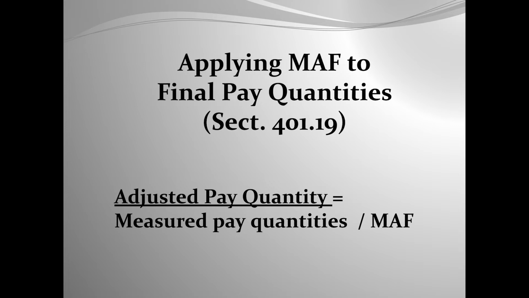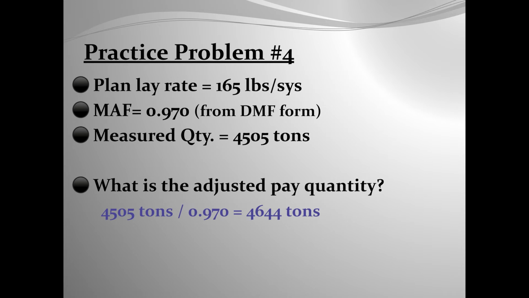So we're going to move forward with applying our MAF to our final pay quantities. Your adjusted pay quantity is going to be your measured pay quantity divided by your MAF. So again, if your mix is going further or maybe not going quite far enough, INDOT adjusts your pay accordingly. Practice problem number 4. Again, same measurements as before. They give you your planned lay rate and your MAF.